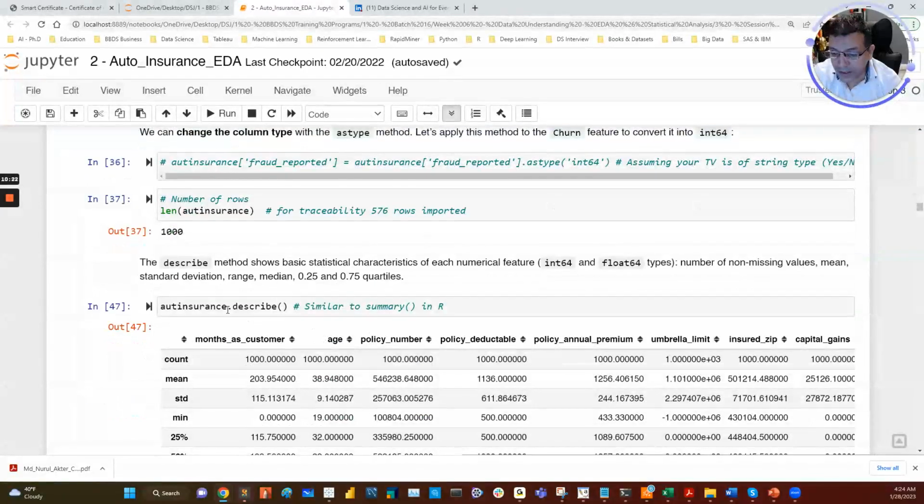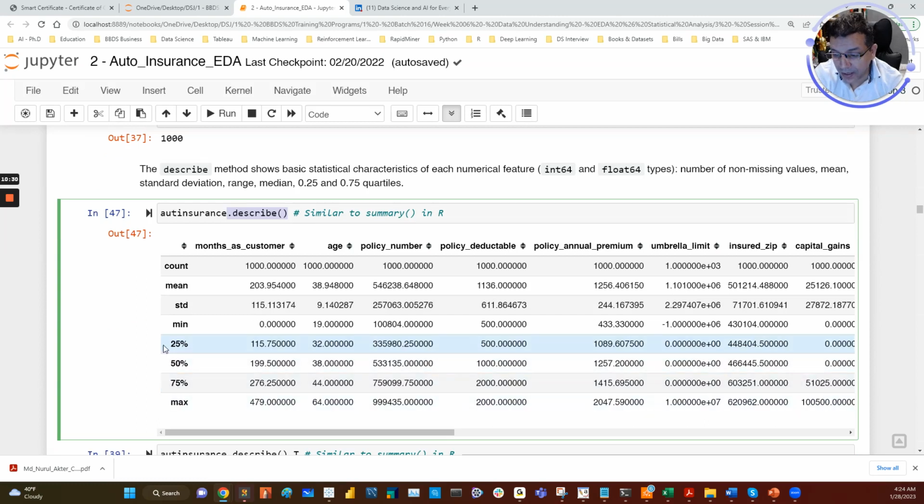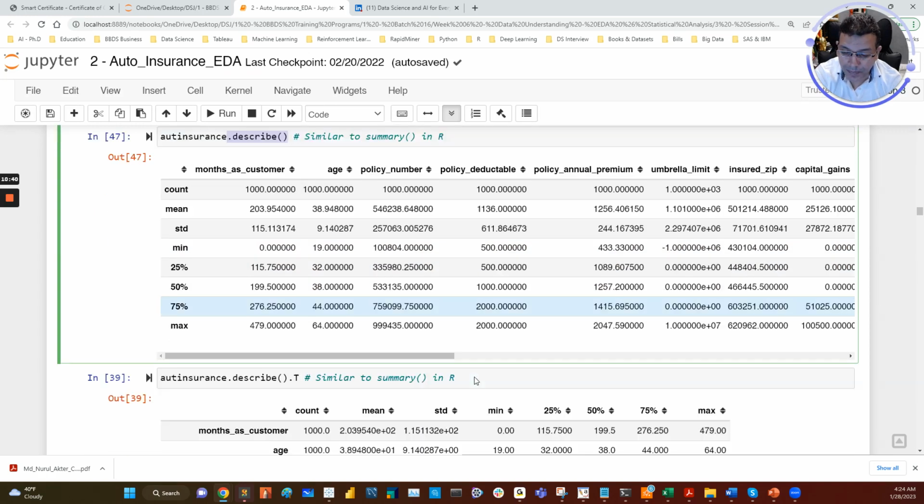Then we talked about describe, which provides the statistical analysis, the five-number summary of your data. You are going to get information on the minimum, the maximum, and the quartiles. Of course, some extra information: count, mean, and standard deviation.